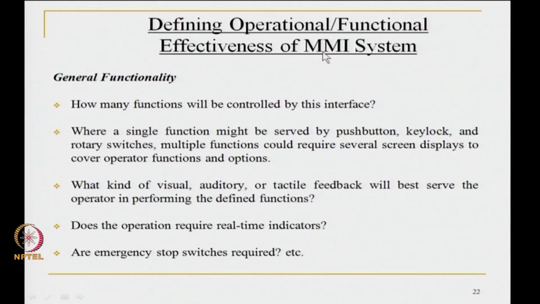From methods of usability test, which I was elaborating, let us move on to defining operational and functional effectiveness of the man machine interaction system. The general functionality can be analyzed by a set of questions. How many functions will be controlled by this interface? Because the interface would be requiring a human command.